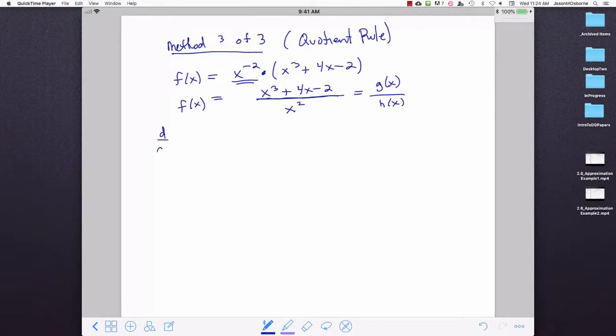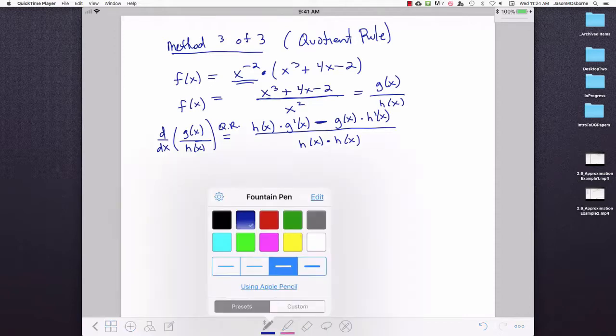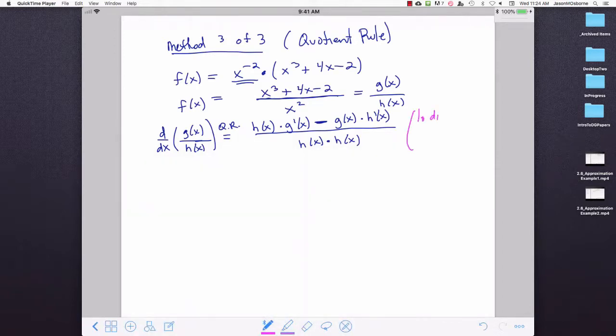And if you want to take the derivative of two functions divided by each other, and you know the derivative of g and h separately, the quotient rule, which I'm going to state without proof, is the lower function h times the derivative of the upper function minus, very important, this minus sign, the upper function times the derivative of the lower function, over the lower function multiplied by the lower function, otherwise known as low d high minus high d low divided by low times low, or low squared.